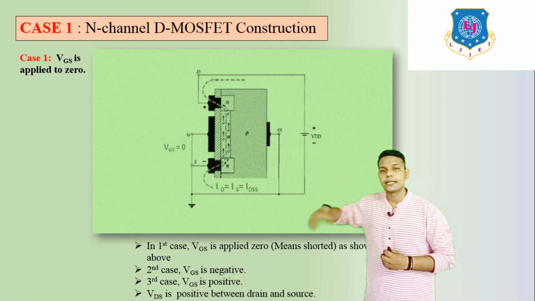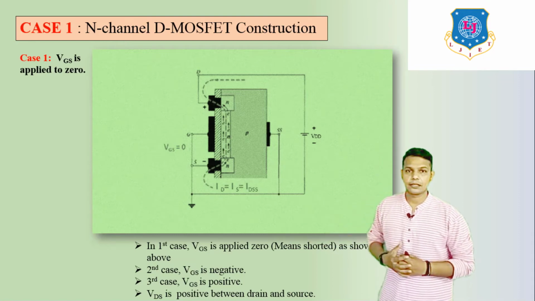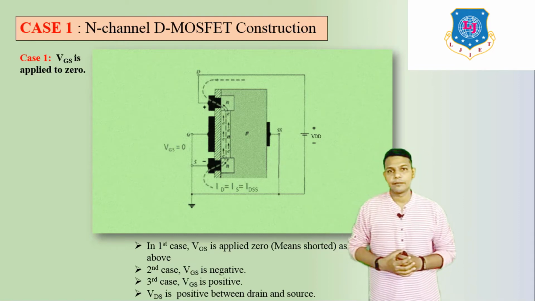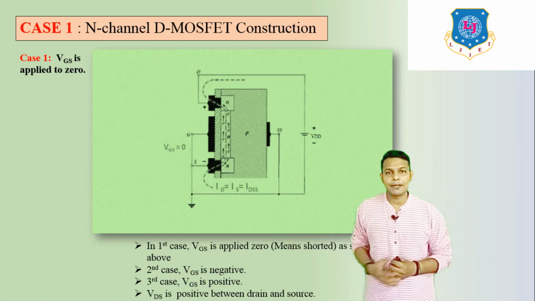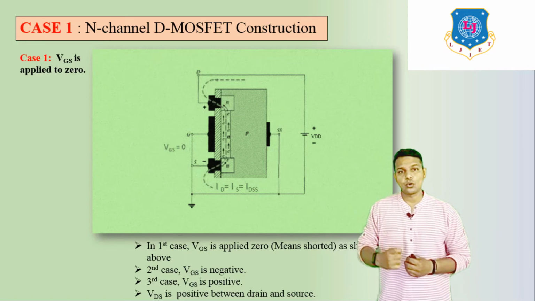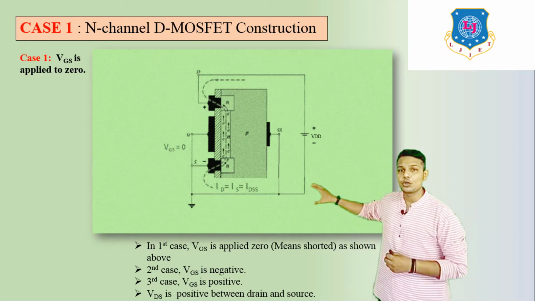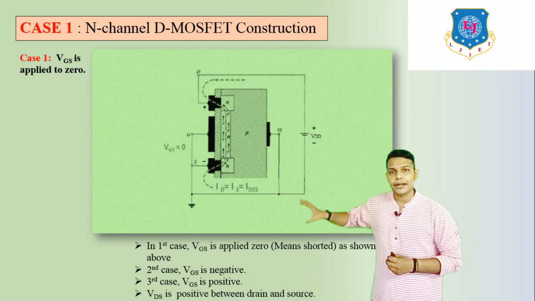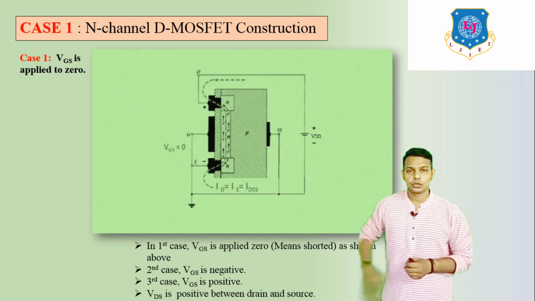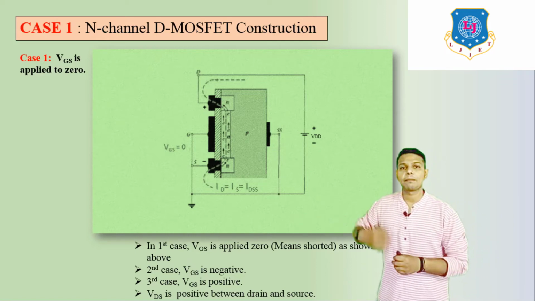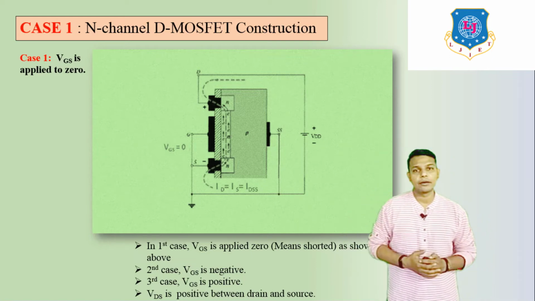That's why here we can see ID, that means drain current, is equal to IS, that means source current, and is equal to IDSS, that means it is the drain to source saturation current, because if VGS is equal to 0, at this time your drain current flow is maximum. So remember this case, we are gonna apply it in characteristics. So this is the case number 1.